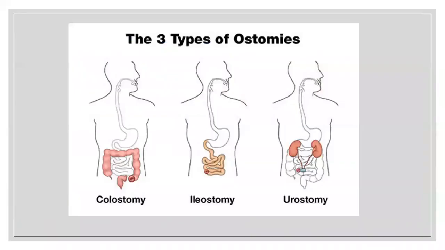Let me show you. These are three types of ostomies. One is called colostomy, done in the descending colon, the terminal part. The other is called ileostomy, the last part of the small gut, the ileum. And if it is done in the urinary system, it is called urostomy.